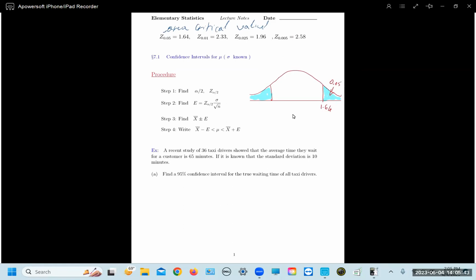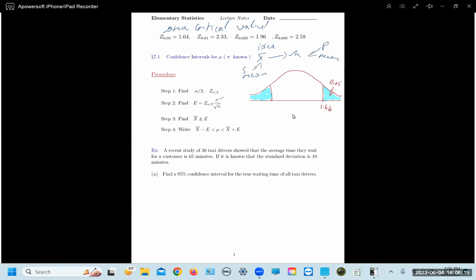So X bar. So this one is X bar. So this one is the idea. And we go for the mu. This one is mean, and this one is standard deviation. We go for that.